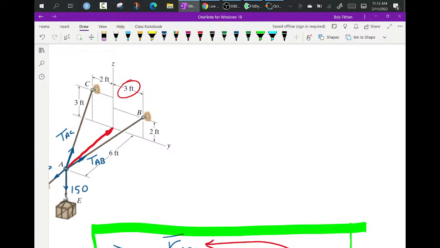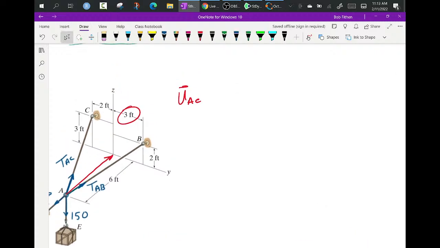Okay. Now I'm going to find the UAC. And before I do that, I have to find the vector from A to C. I had to go 6 backwards in the I, so this is the same place.